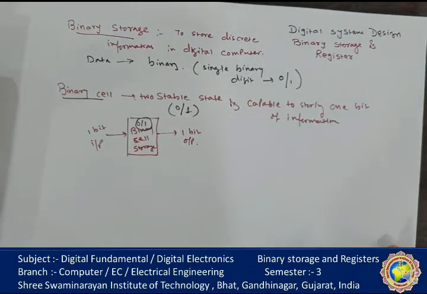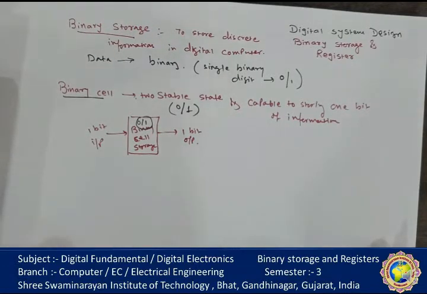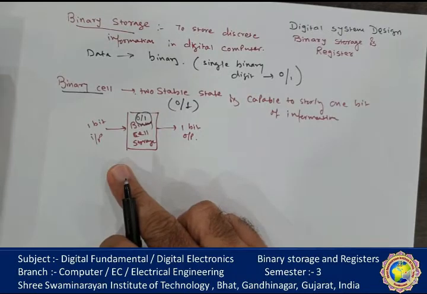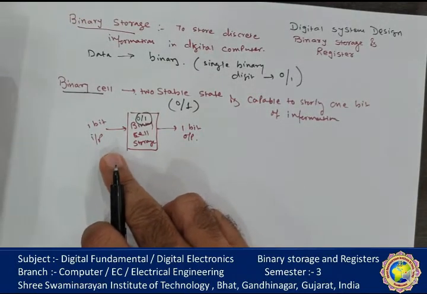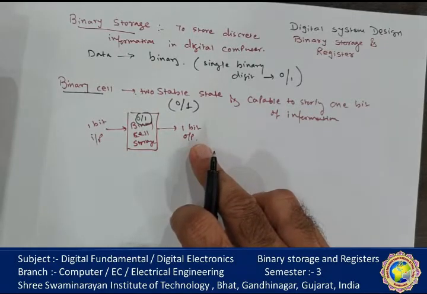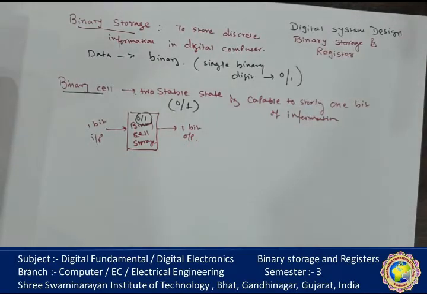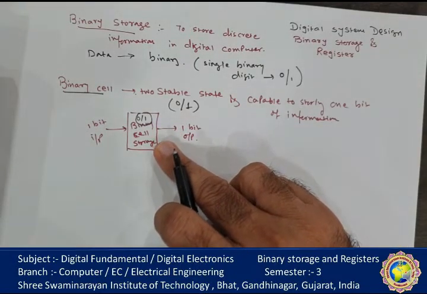The input to the cell receives an excitation signal that sets it to one of the two states. It might be 0 or it might be 1. The output of the cell is a physical quantity that distinguishes between the two states. The information stored in a cell is 1 when it is in the one stable state and 0 when it is in the 0 stable state.